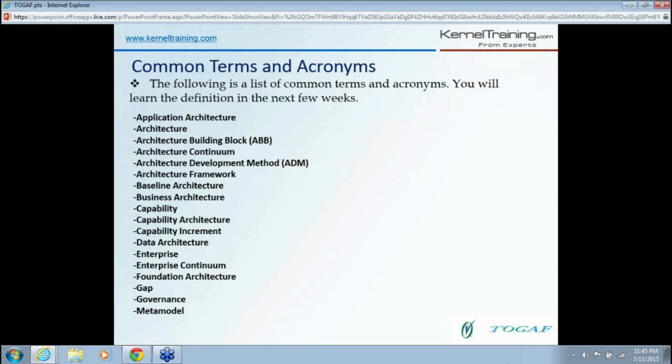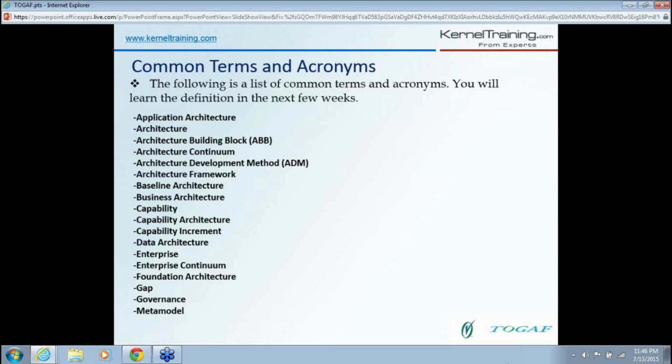The next acronym is ADM, the architecture development method. The architecture development method is the heart, you can say the heart or the brain, of the TOGAF concept. The architecture development method has various phases in it. We will go into the details of each phase and what each phase outlines.